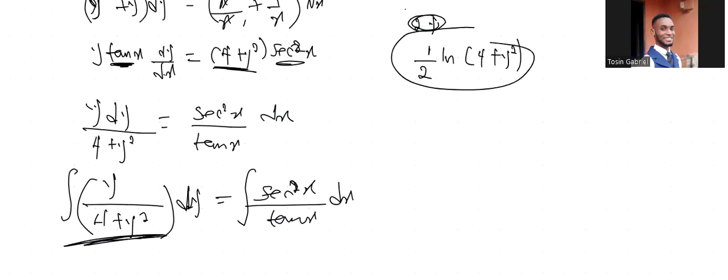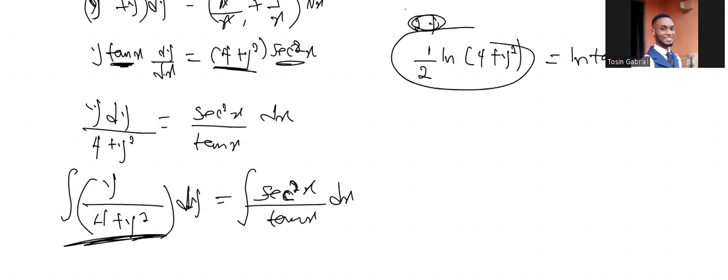Then look at sec square x over tan x. If you differentiate tan x, the answer is sec square x. So the integration of sec square x divided by tan x is the same thing as ln tan x, plus c.